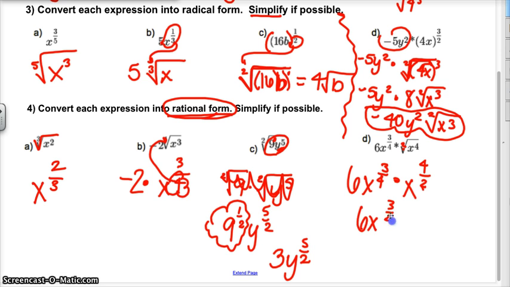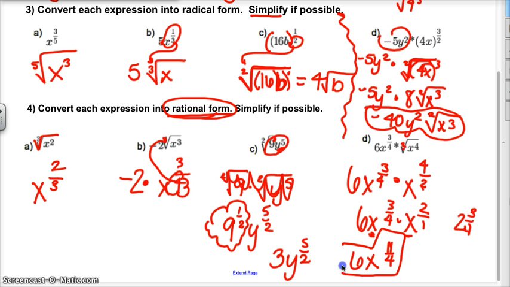So let's look at what we've got here. When I multiply like bases, I add the exponents. So if I were to add 2/1 to 3/4, let's see, I bet it would be 2 and 3/4, which is the fraction 11/4. Also a little complex, but worth looking at.